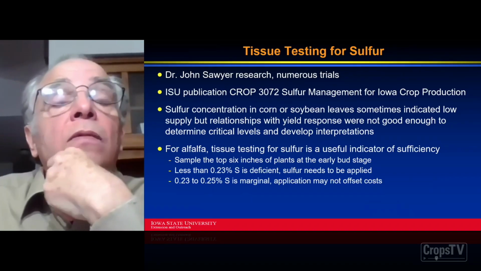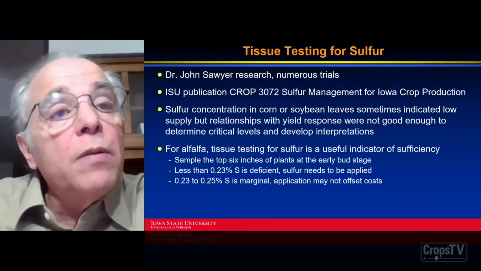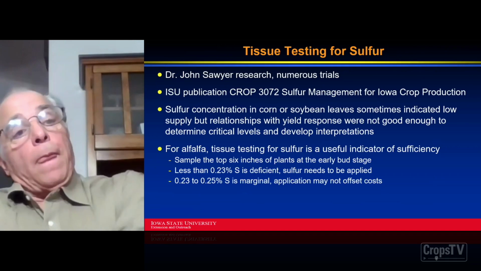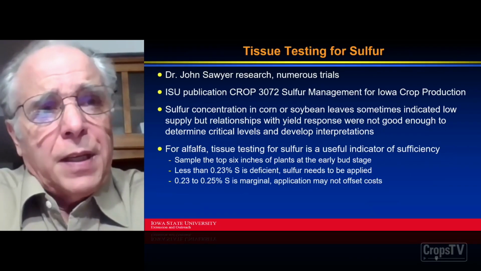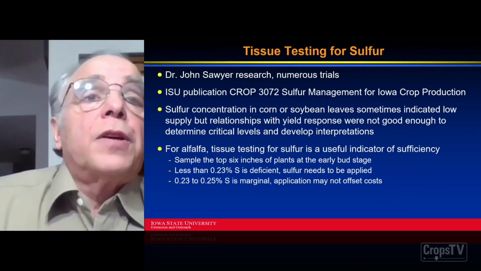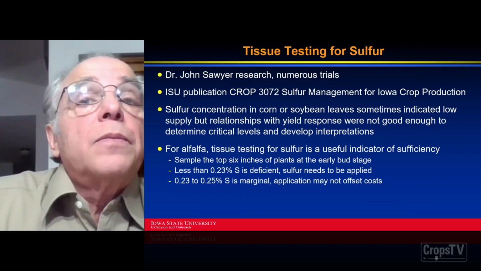The tissue test for sulfur is not very good. However, working mainly with Brian Lang, extension in Northeast Iowa, they found that tissue testing in alfalfa could be good. If you're interested in sulfur, I advise you to look at this publication. It is very good.